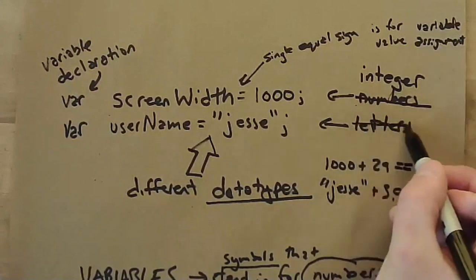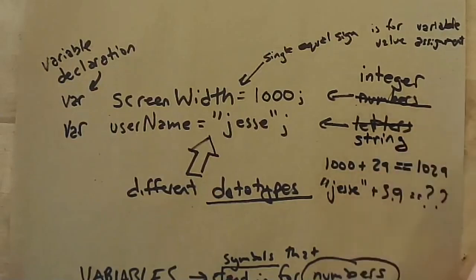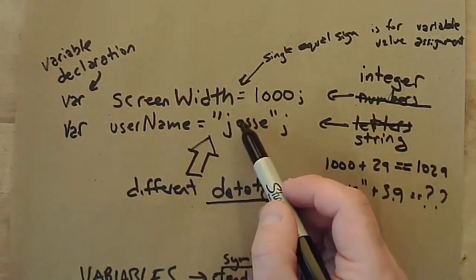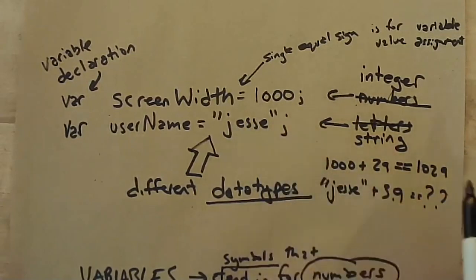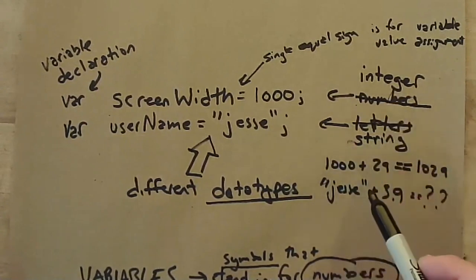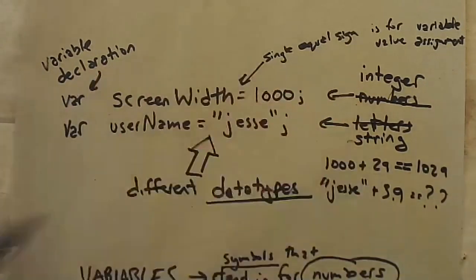And letters, this is going to be called a string. So a string is where we have a series of characters. And there are different things that we can do with each of these. There are a lot more data types. We'll look into those in a bit.